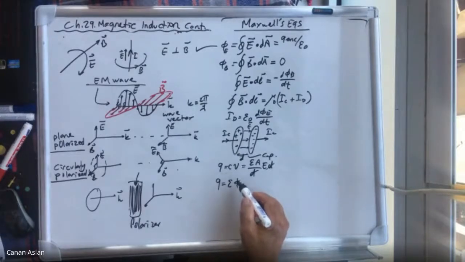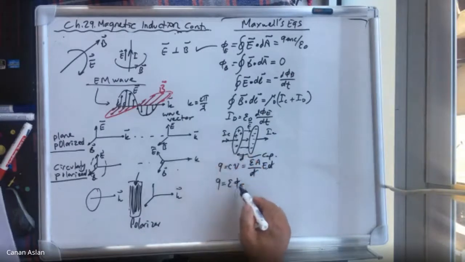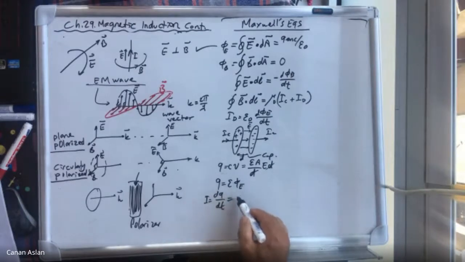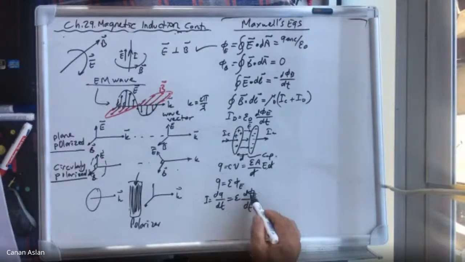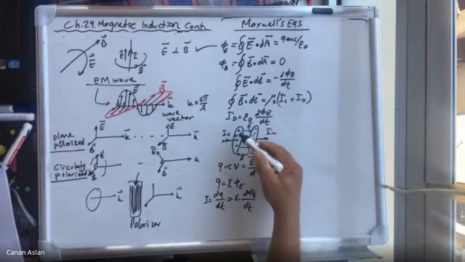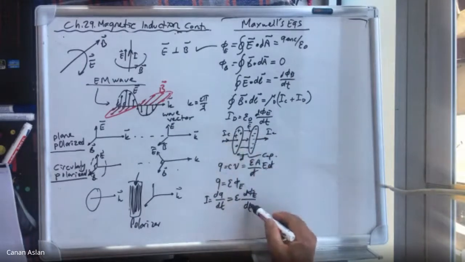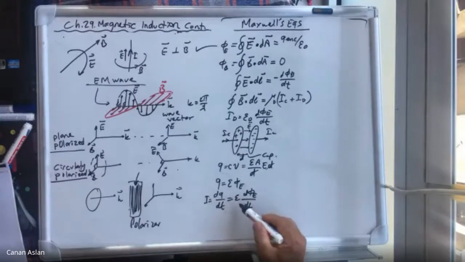So now this charge Q is like this, okay? But now the current is defined as dQ over dt, so it is just epsilon times d phi E over dt. As you see, this current is related to how the electric flux changes in this region, passing through these surfaces, and you can define the current like that.